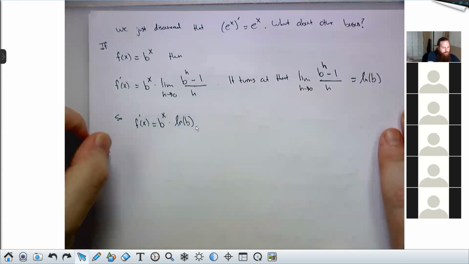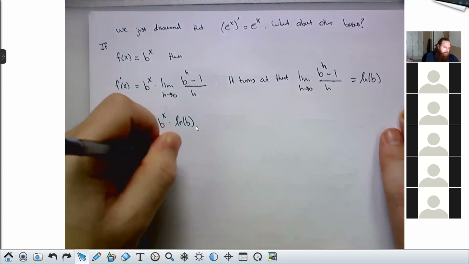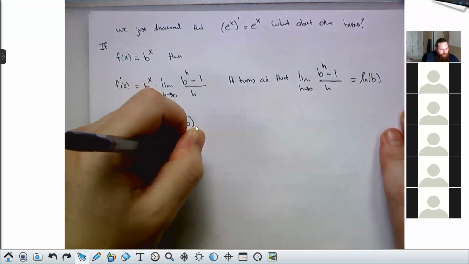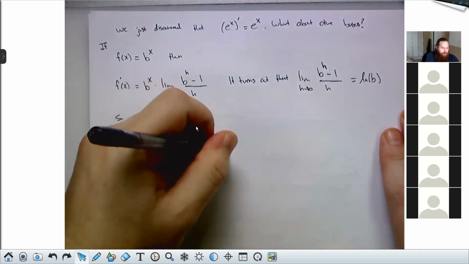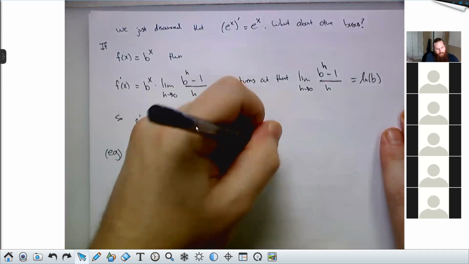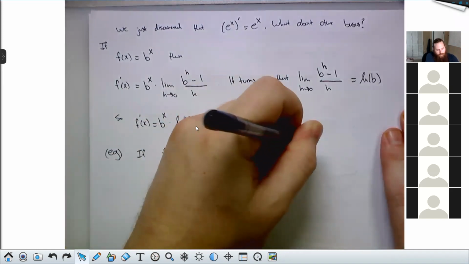In other words, let's do an example or two. If f of x is 3 to the x, then f prime of x would be 3 to the x times the natural log of 3.